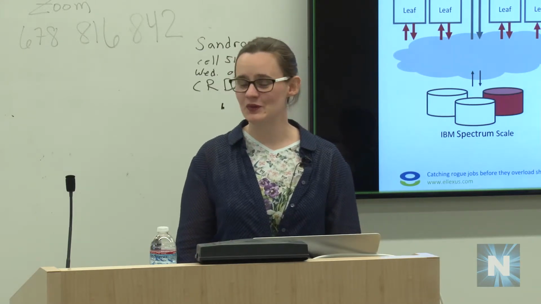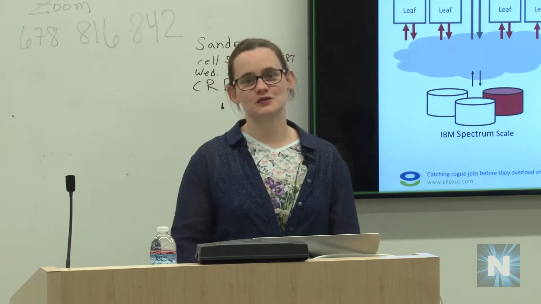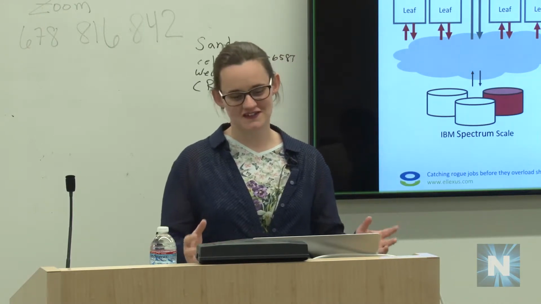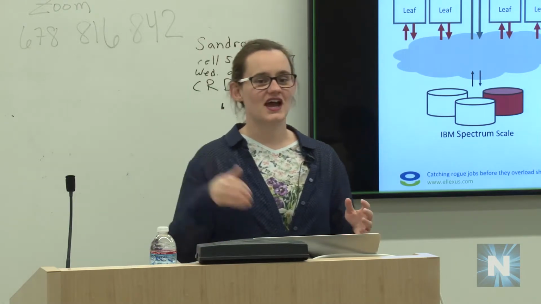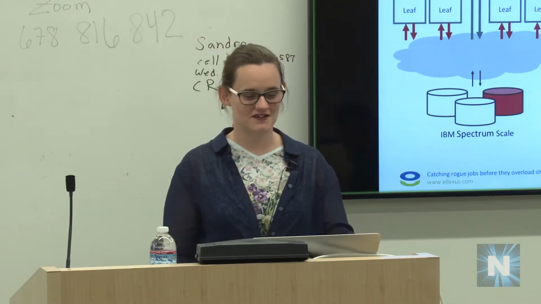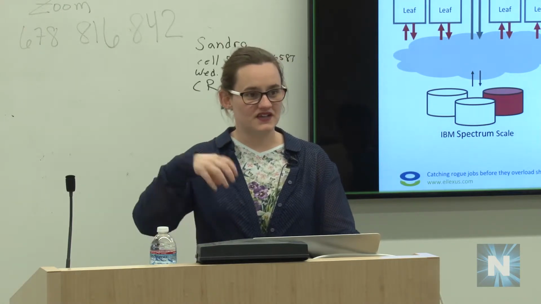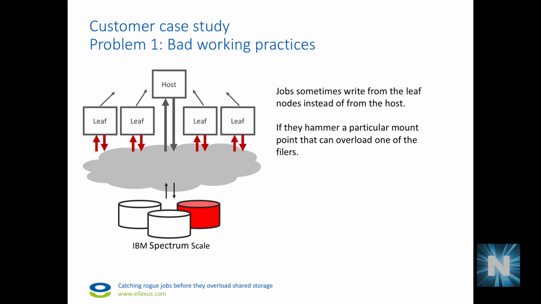These are busy people, they're trying to hit a deadline, and they don't have time to read all the documentation about how they're supposed to use the system, so they quite often have the data go directly to the storage instead of being aggregated and sorted out that way. And if they hammer a particular mount point, then that can very, very easily overload one of the filers and quite seriously affect the performance of the file system.